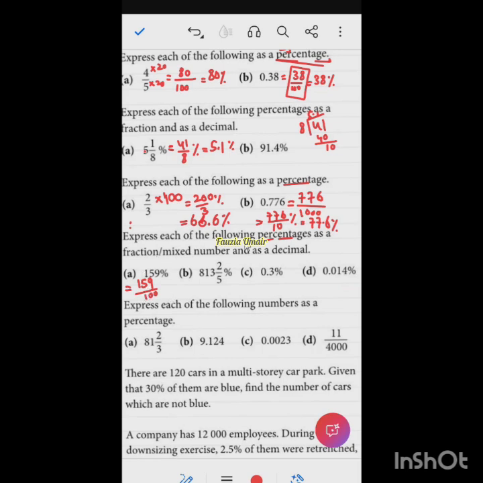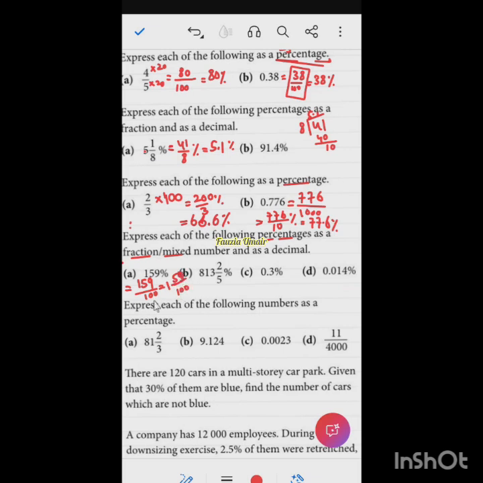अच्छा, आप देखो उन्होंने क्वेश्चन में कहा है कि कन्वर्ट इन फ्रैक्शन और मिक्स्ड नंबर. फ्रैक्शन तो बन गई, अब can we convert it into mixed number? क्योंकि ये इम्प्रॉपर फ्रैक्शन है ना. If you divide it with 100, so it will be 1 whole 59 by 100. Is it clear? Right?